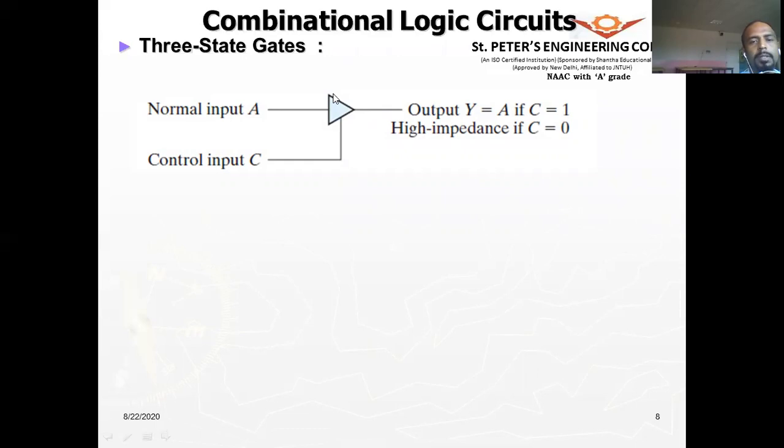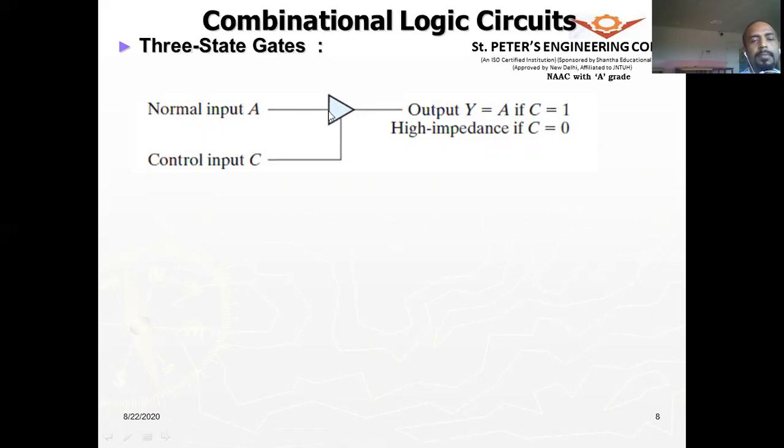So without the bubble, this is called a buffer. Now, what is the job of a buffer? It will simply delay the input by some amount. That's all the job of the buffer. It will just delay and present it at the output. So Y will be equal to A. That is the output of this circuit.